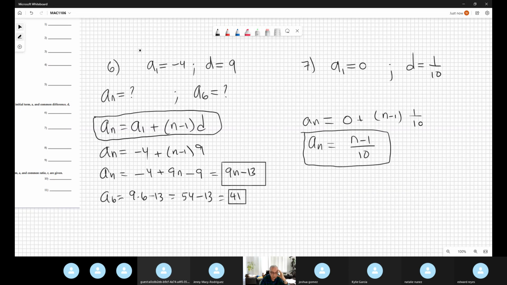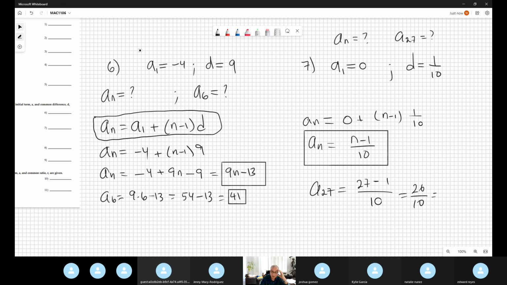And this generates any value. They want you to find A sub n and A at position 27. So A27 is equal to 27 minus 1 divided by 10, and 27 minus 1 is 26, and 26 divided by 10 is 2.6.